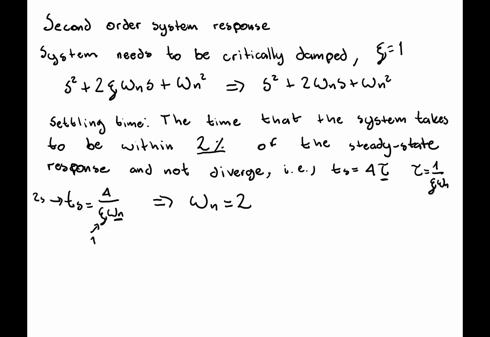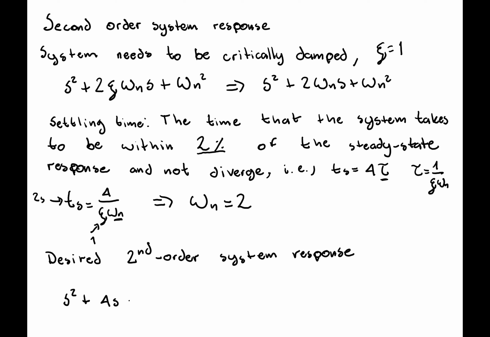So our desired second order system response boils down to s squared plus 4s plus 4.